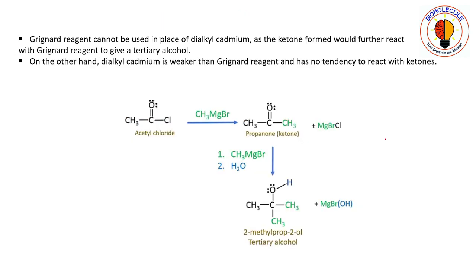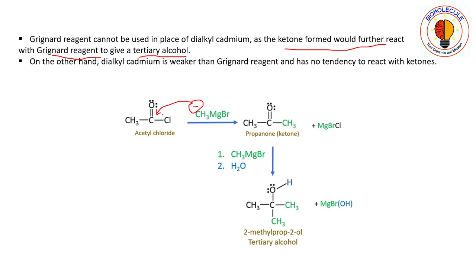Why is it so? It is simple because the ketone formed would further react with Grignard reagent to give a tertiary alcohol. Grignard reagent is a strong reagent. So it reacts further with the ketone to give us tertiary alcohol. So Grignard reagent cannot be used in place of dialkyl cadmium. See here, acetyl chloride, this CH3MgBr will go and attack.